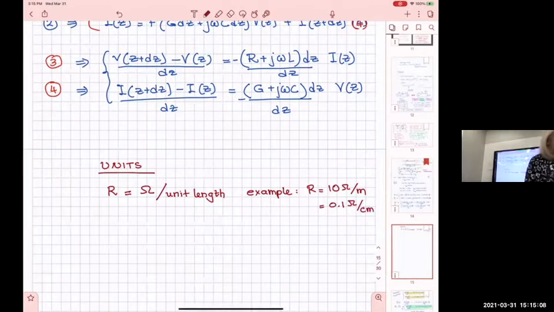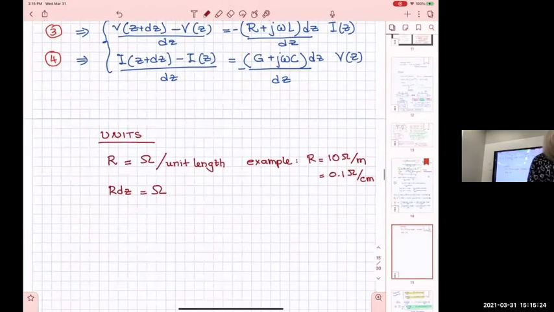Now, R DZ, however, has units which are ohms, because I have multiplied by DZ. I may tell you that I have a length of line which is 3 centimeters, and this is the total R on the line for this length.